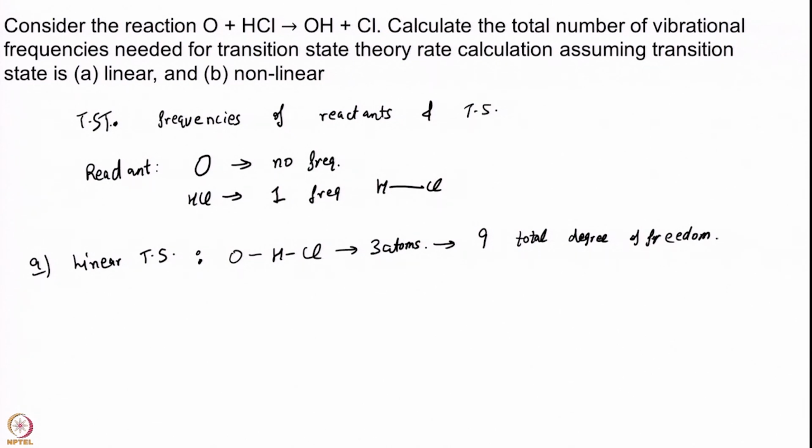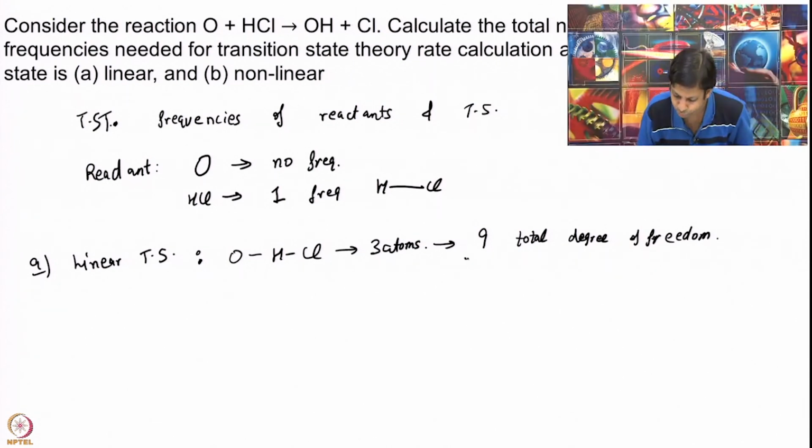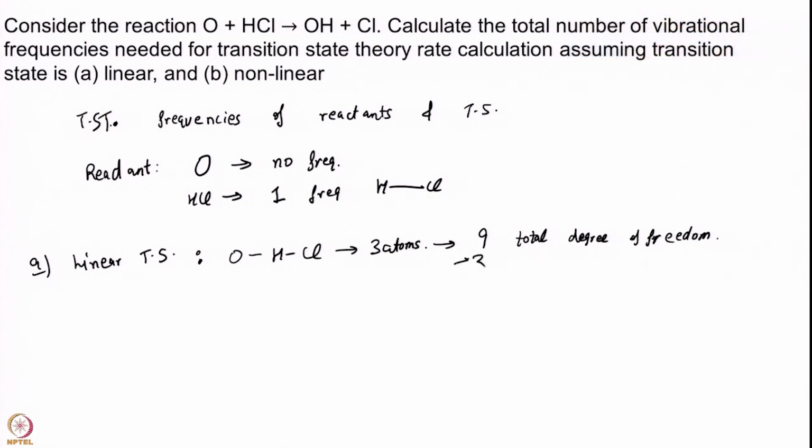Right, x, y, z corresponding to each atom, out of which I have 3 translationals and 2 rotations. Remember that a linear molecule only has 2 rotations. So, whatever remains are the number of vibrations.